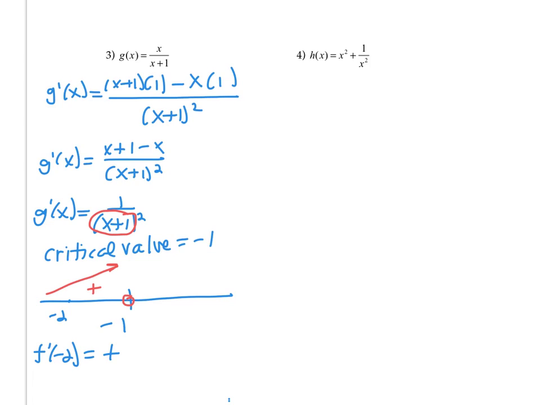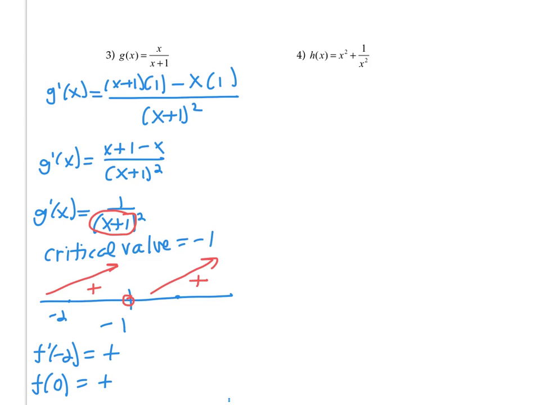Next, test out a number in the interval to the right of negative 1. So maybe test out 0. That's an easy one to plug in. And we'd have a positive number as well. It would end up being positive 1, actually. So this function is also increasing from negative 1 to positive infinity.